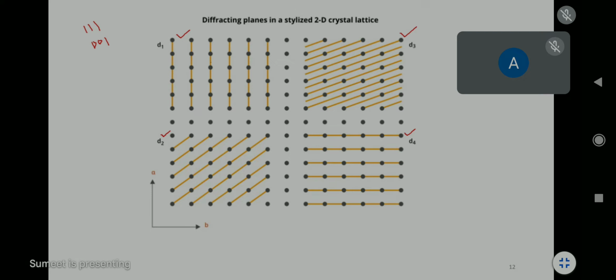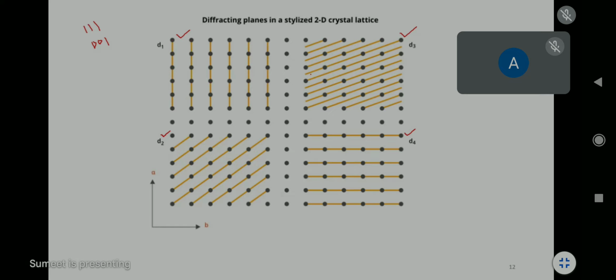At a point we can have an infinite number of planes. Here I have placed these dark gray points in a 2D sheet, and on these points you can have different types of crystal planes. Likewise, you can draw different lines through these points, and all those lines will mark the planes.